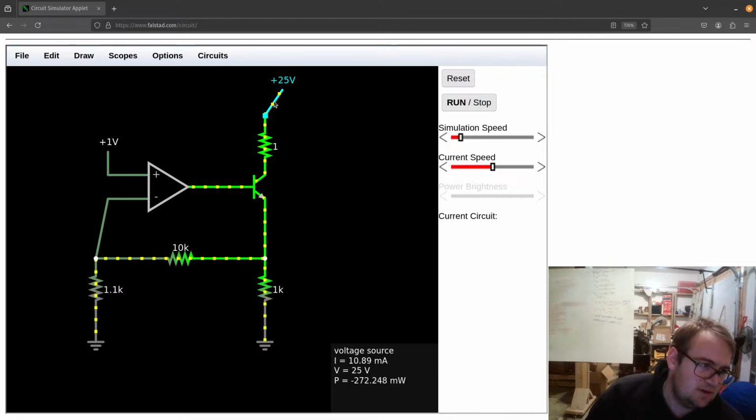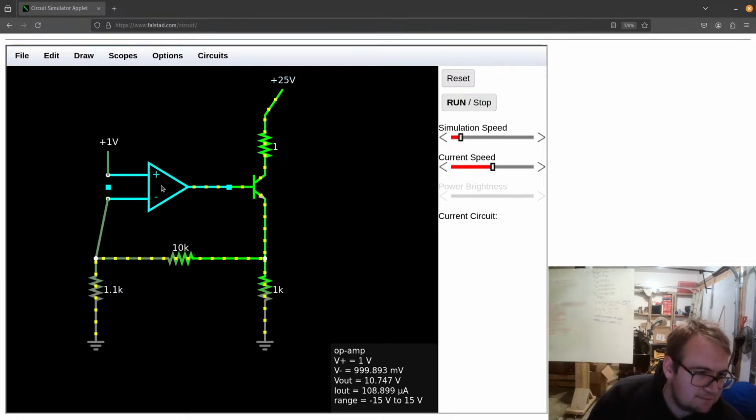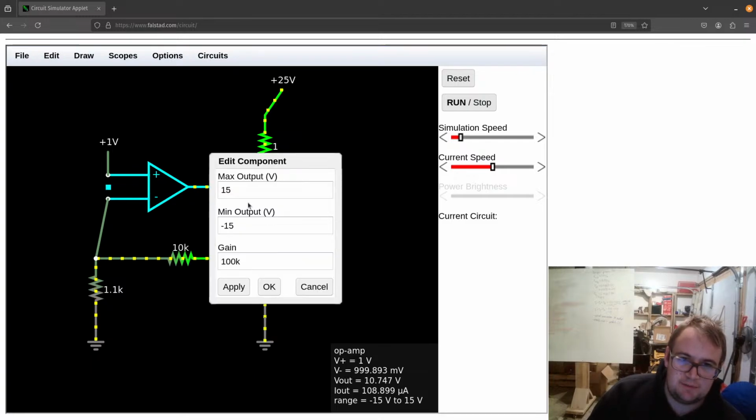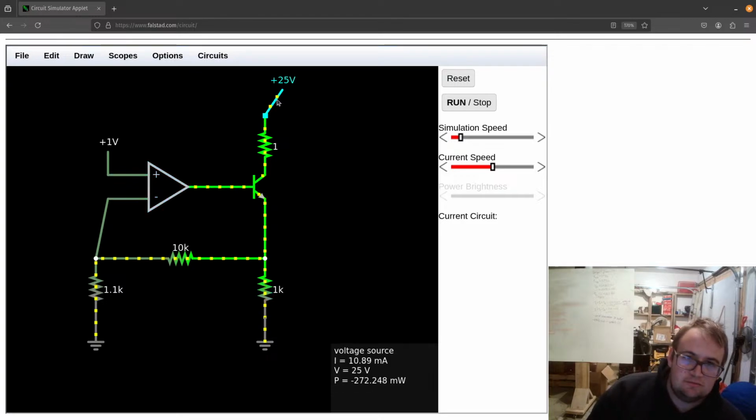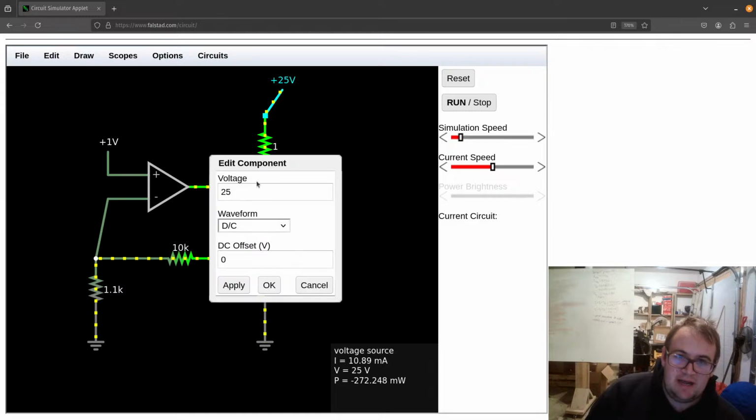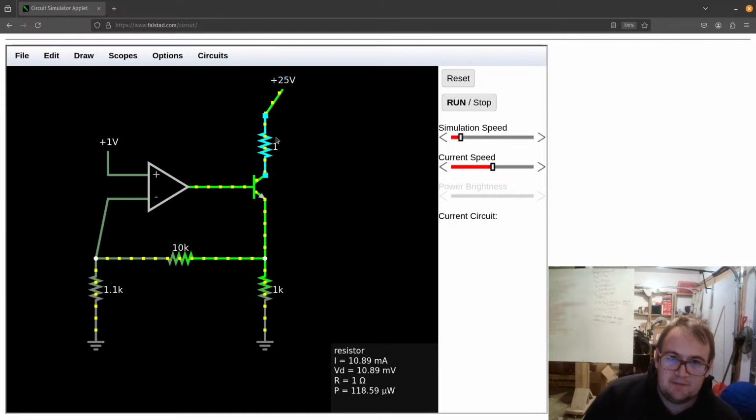This was lower than this over here. So this is a perfect op amp, but still it has a max output and a min output. Now this right here, we should have at least above, okay, I bet now it would work.